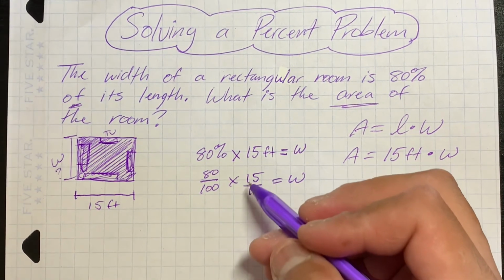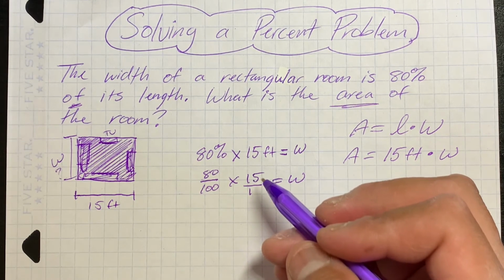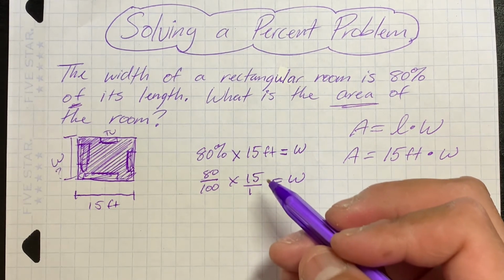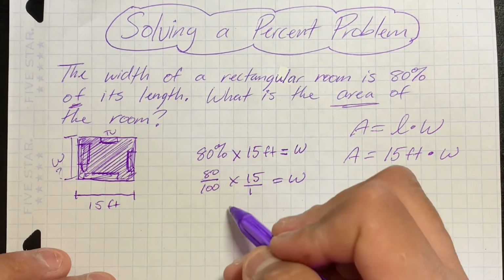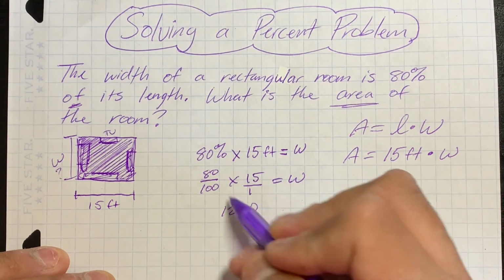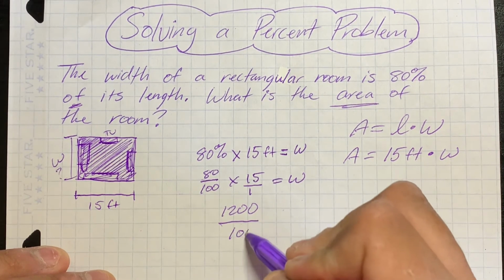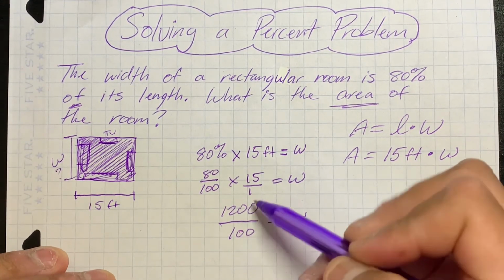You just multiply 15 times 80. Okay, so 15 times 80 would be, let's see, 15 times 8. 15 times 8 would be 120. And then we just add that 0 after that. And of course, 100 times 1 is 100. So if you look at these, there's two zeros that I can cancel out.